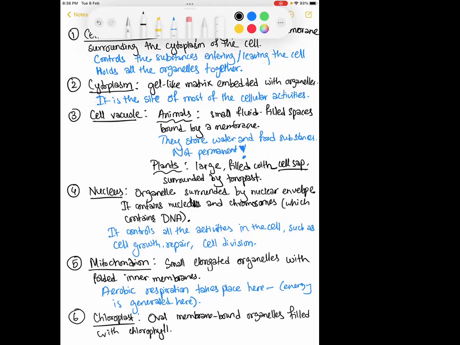Their function is that they are the sites for photosynthesis.